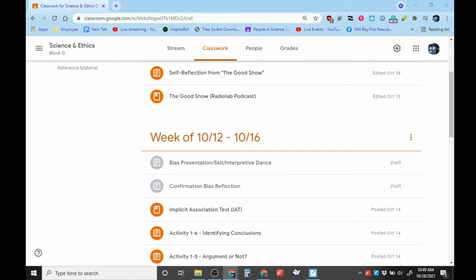Full sentences. And I say that, I used to not say that. I used to say bullet points are fine. And the reason I say that is every time I talk to university professors, whether it's chemistry or physics, I tend to talk to the science ones when I poke my head into labs.